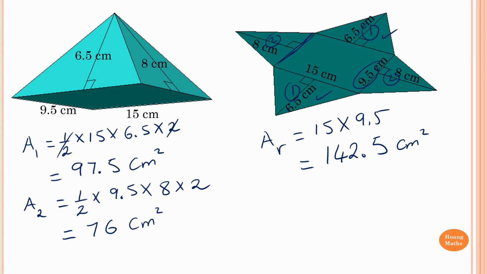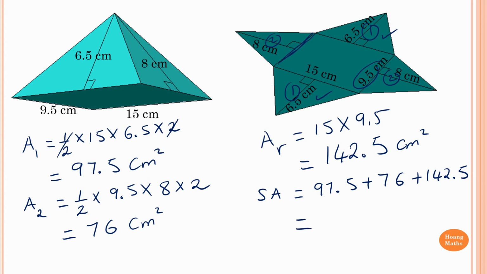We are finding the surface area of this pyramid. Surface area is the area around the solid, so we just add them up. So surface area is equal to 97.5 plus 76, and then plus the base, which is 142.5.